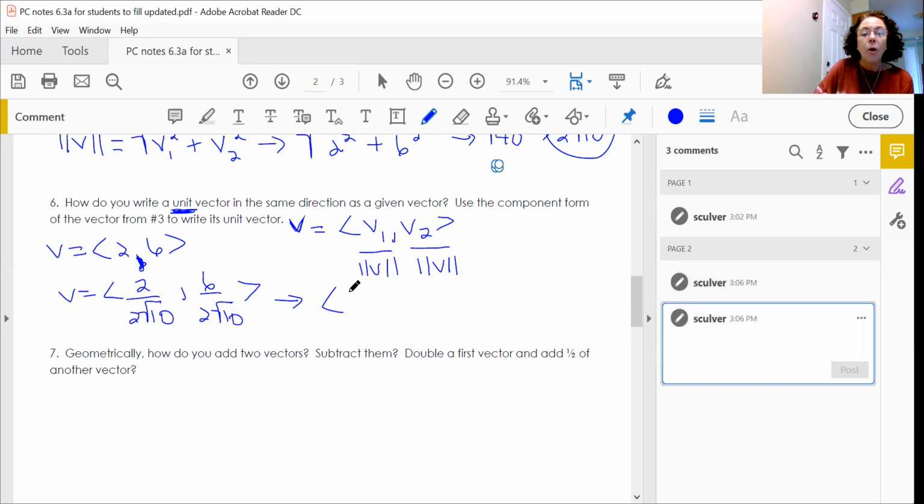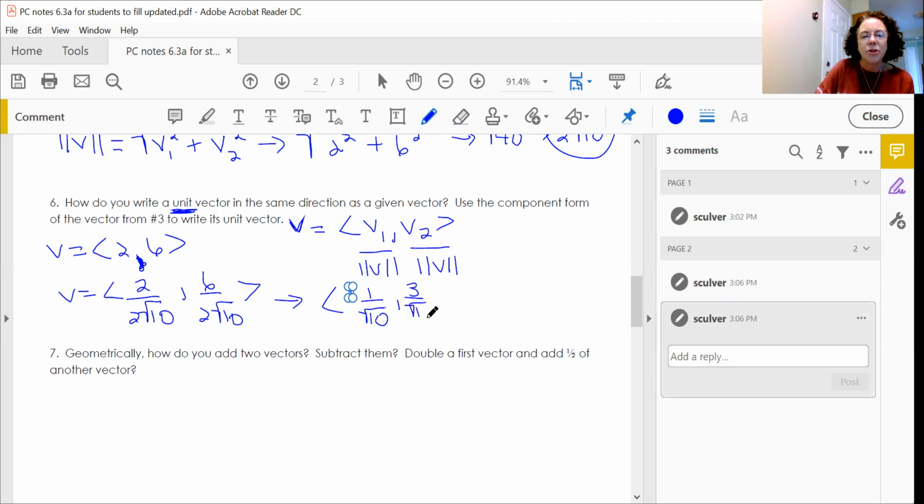That would be 1 over the square root of 10, and 3 over the square root of 10. And if you rationalize by multiplying the numerator and the denominator by the square root of 10, we would have the square root of 10 over 10 and 3 square roots of 10 over 10.